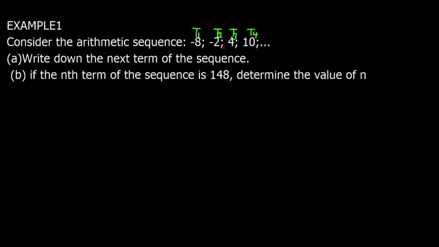Before we answer any question, let's recap the arithmetic sequence. For an arithmetic sequence, the constant difference between the terms, meaning T2 minus T1, is equal to T3 minus T2, which is equal to T4 minus T3, and so on and so forth.